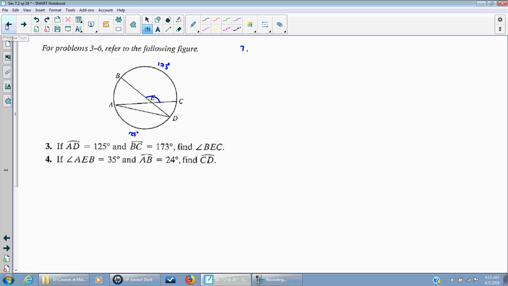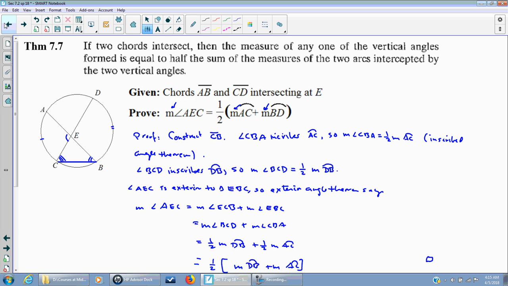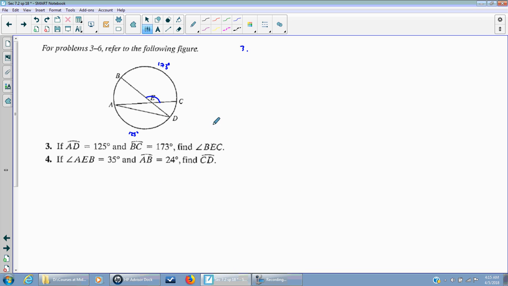Okay, so let's go back to the theorem. It says that the measure of any one of the vertical angles is equal to half the sum of the measures of the two arcs intercepted by the two vertical angles. Okay, so chord AD doesn't have anything to do with this problem. So here's a vertical angle here, BEC. Here's its neighbor. Okay, and the two arcs we're talking about, and I can't draw it on this, is this arc.